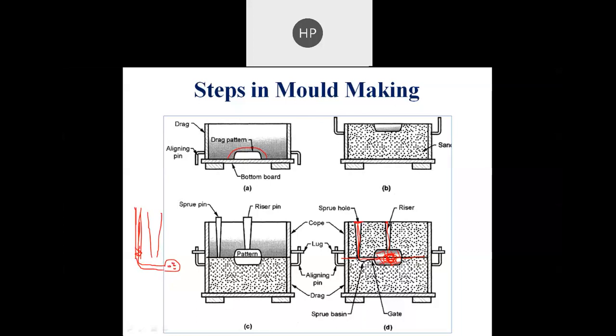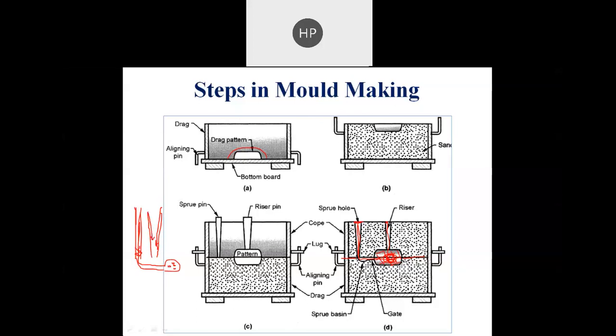So what we require is a shape or design such that air is not trapped in the molten metal, and for that this taper is provided. When the molten metal enters and passes through the sprue, due to the taper shape the aspiration effect is eliminated.